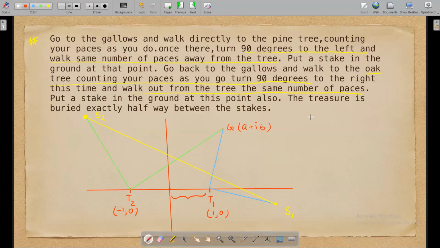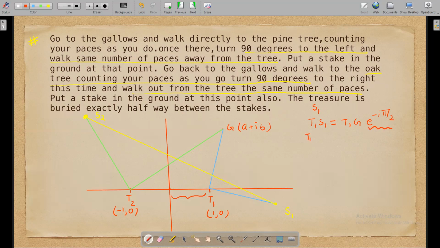I'm going to start with, first of all, finding the complex number corresponding to S1. As you can see, we have the vector T1S1, which is obtained by rotating the vector T1G in the clockwise sense by an angle of pi by 2. Because the direction is clockwise, you can notice the negative sign in the exponential over here.